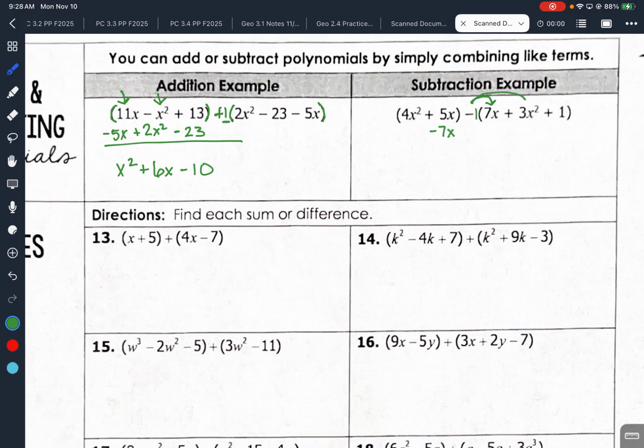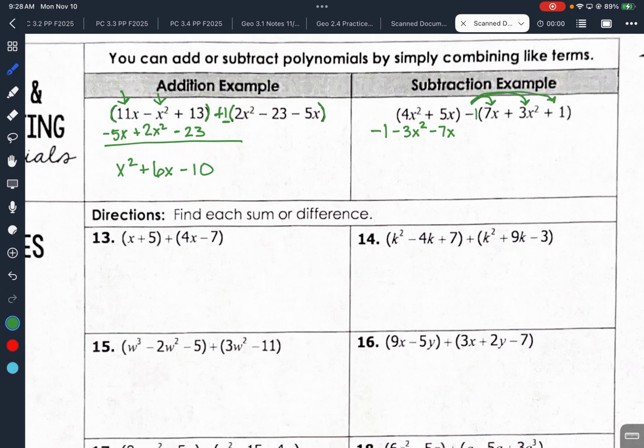Negative 1 times positive 3x squared is, oh, no, it is not plus. It is negative 3x squared. Then I have negative 1 times positive 1. So I have negative 1.